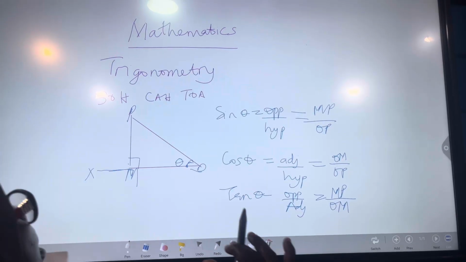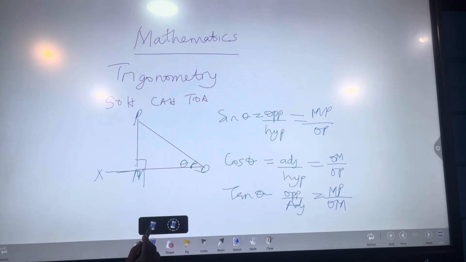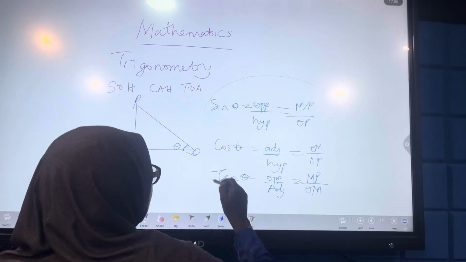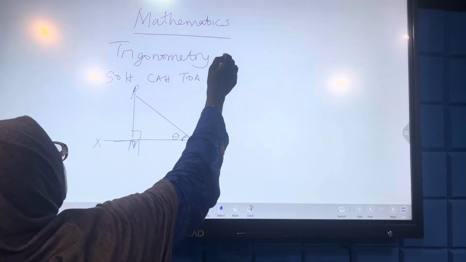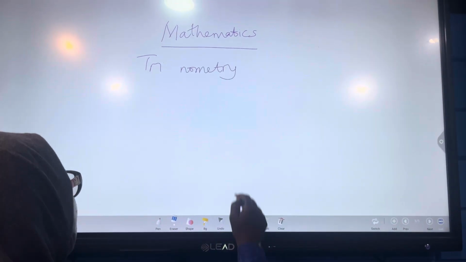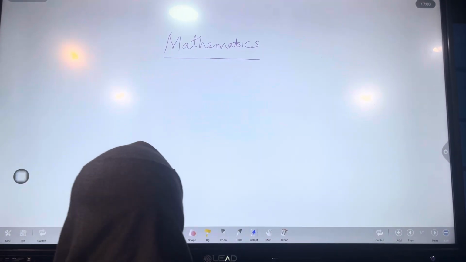Now that we have talked about these three, what I want us to consider next is angles between 0 and 360 degrees. So that is what we are trying to look at under trigonometry this afternoon.